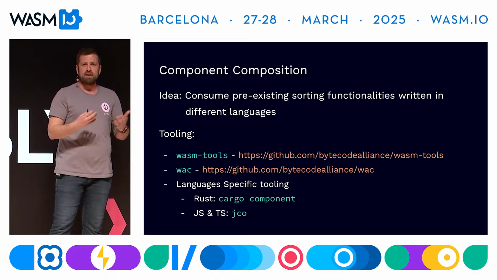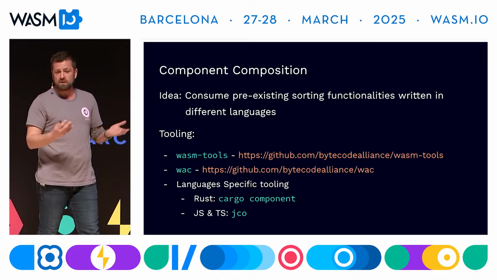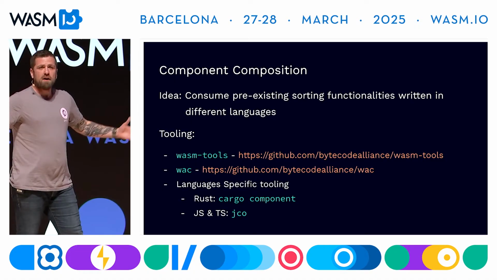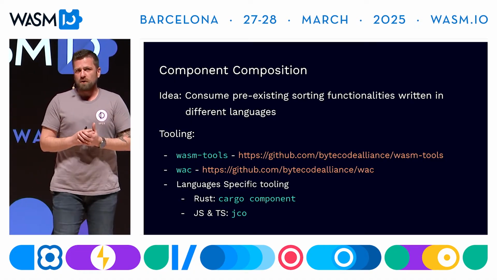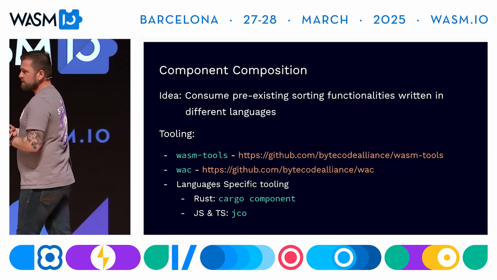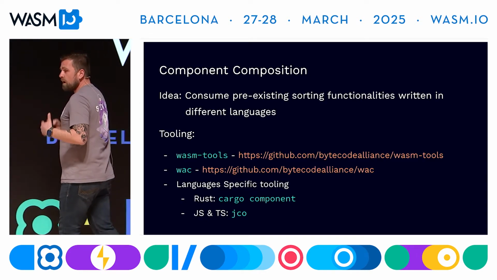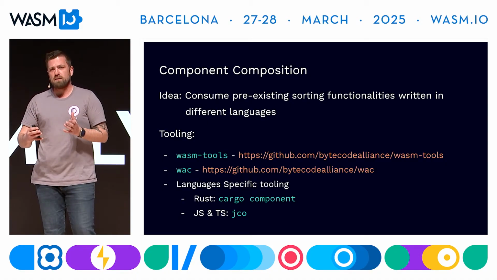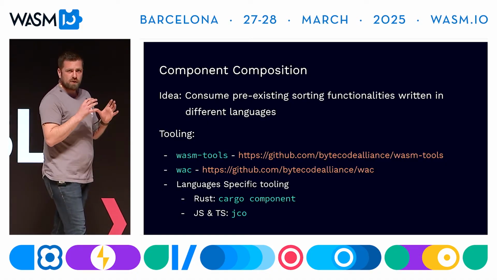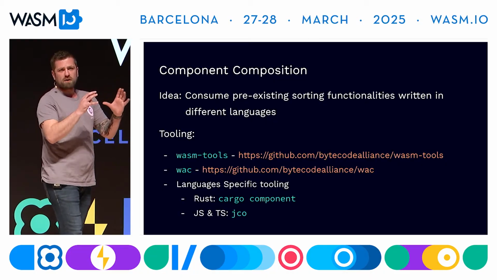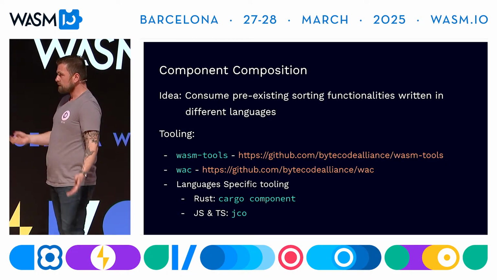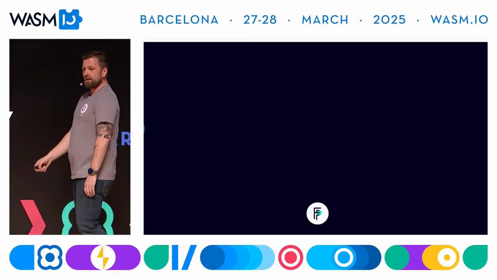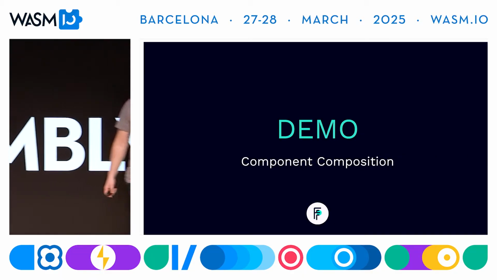And we will use the latest and greatest tools provided by the Bytecode Alliance and the WebAssembly community to do component composition. We'll use Wasm tools, we'll use WAC, and on top of that, we have to use language-specific tooling depending on which language we choose for our consuming component. So with that, Karthik, stage is yours.